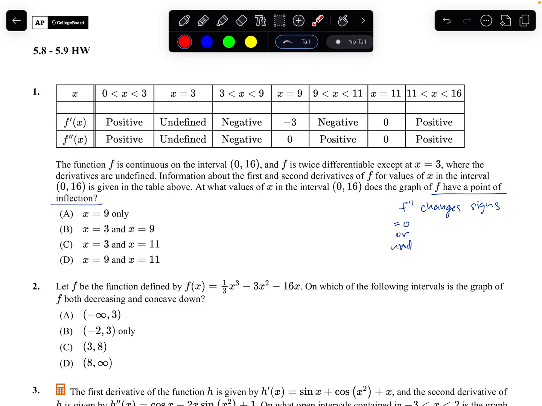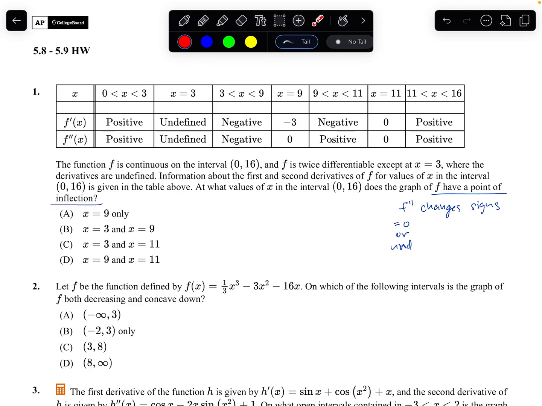So again, if you know your definitions and you read this question, you know exactly what you need to look for. I need to look in a table and I need to see where f double prime changes signs. So f double prime is positive from 0 to 3. Then it's undefined. Okay, then it's negative. Perfect. I know that at x equals 3, there has to be an inflection point.